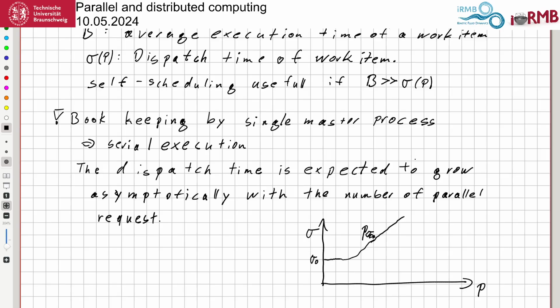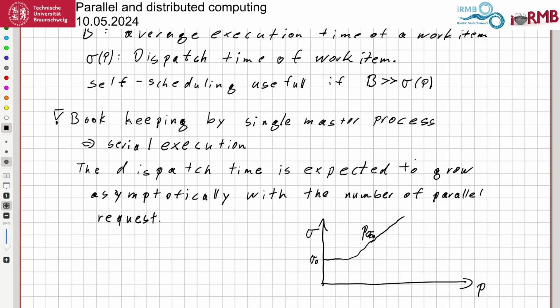So sigma 0 is the minimal time if the boss is always idle, and sigma infinity would be the time it takes to process one of the workers if the workers stand in a line. This is not necessarily the same time as sigma 0, but it may usually be a larger time than that.